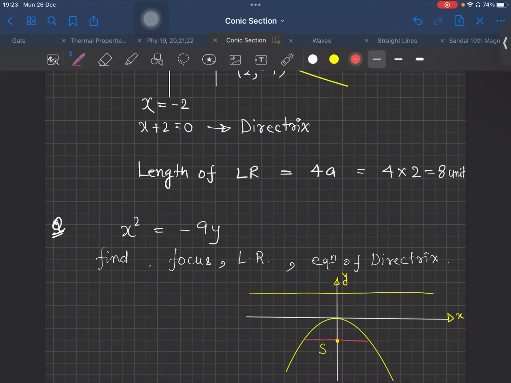How will you find it? This is the vertex A. Vertex is 0, 0, right? How will you find the focus? Now this type of parabola is x square is equal to minus 4ay. You have to find the value of a here. What is the value of a?